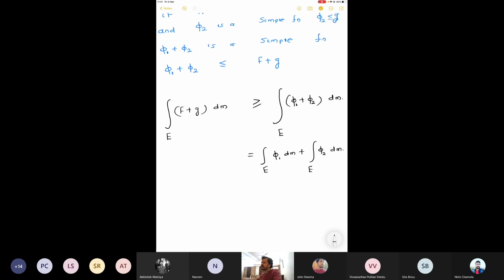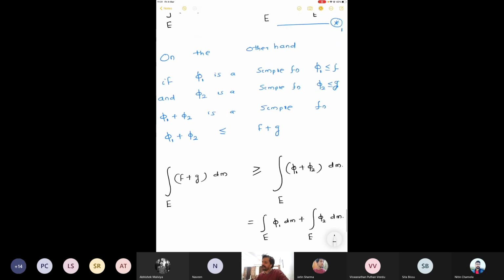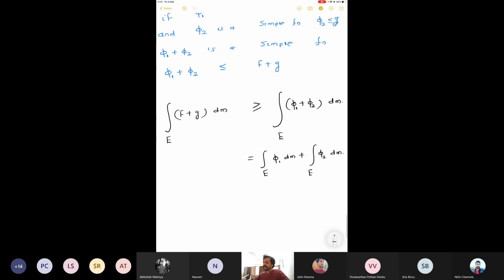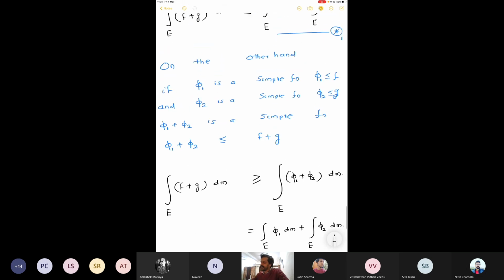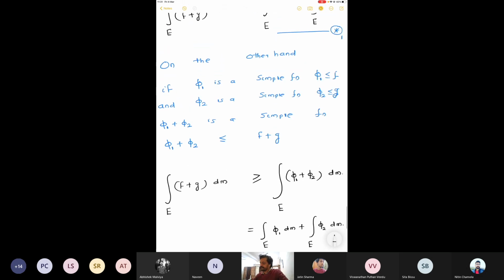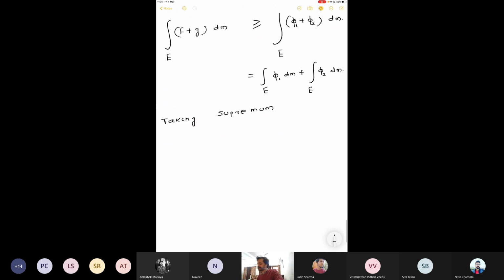And now this is true for any simple function phi1 less than or equal to f and any simple function phi2 less than or equal to g. Therefore, it should be true for the supremum. Now take the supremum, over all simple functions phi1 less than or equal to f and all simple functions phi2 less than or equal to g.